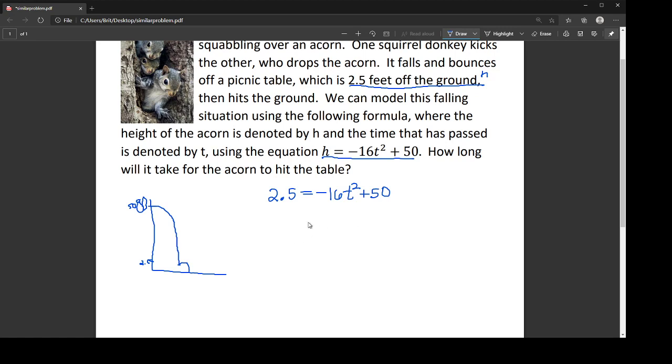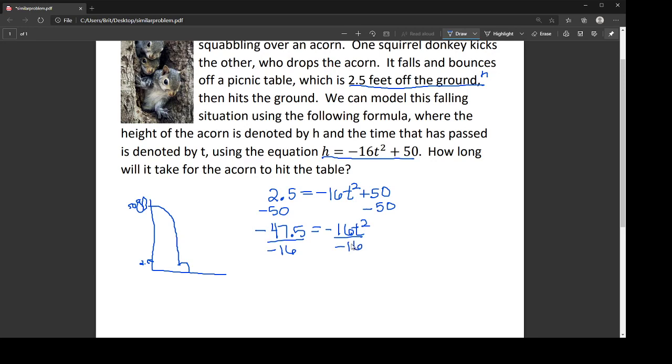Okay, so first thing, I need to try to get the t alone, so I'm going to subtract my 50. So 2.5 minus 50 is -47.5. And then I need to divide by the -16 that's being multiplied to the t squared.